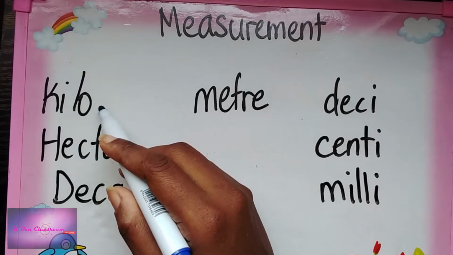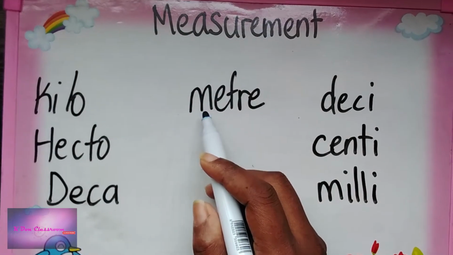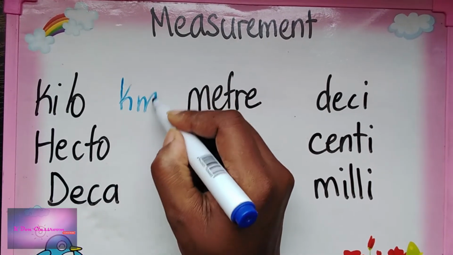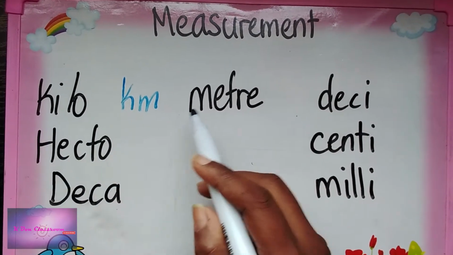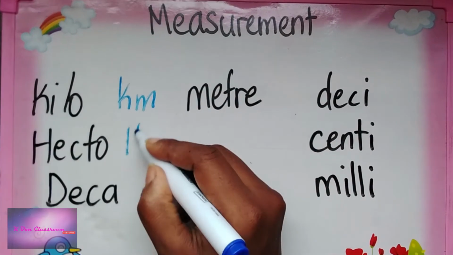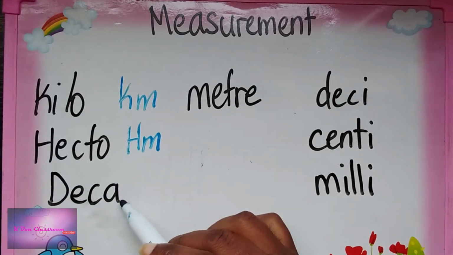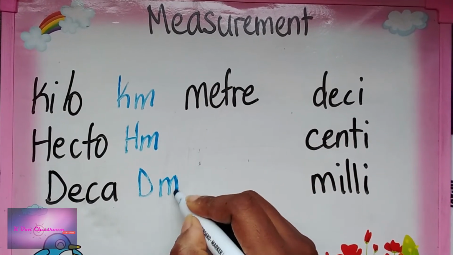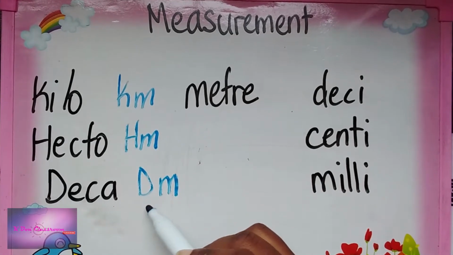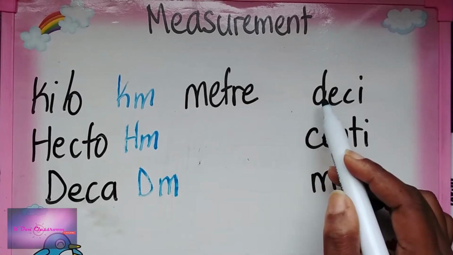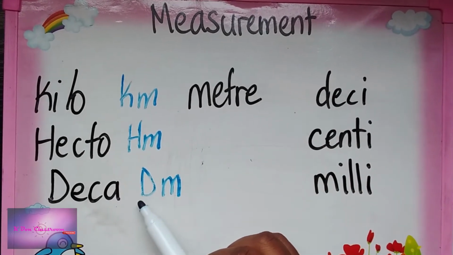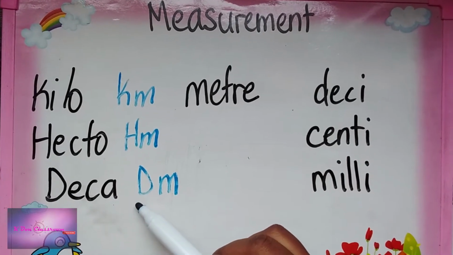So when we add kilo to meter, we get kilometer, and the short for kilometer is km. Hectometer, hm. Decameter, Dm, and we use a capital D for this one because there are two prefixes that begin with the letter D. So we use a capital D to show that this is the bigger one.